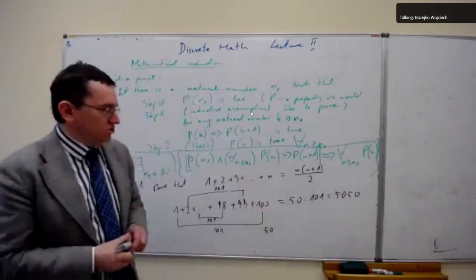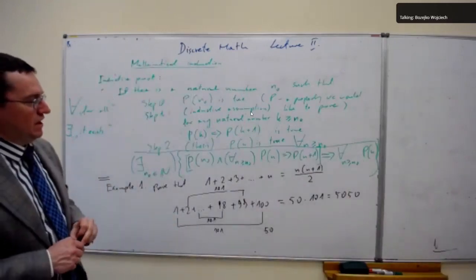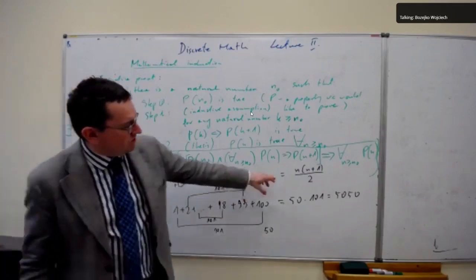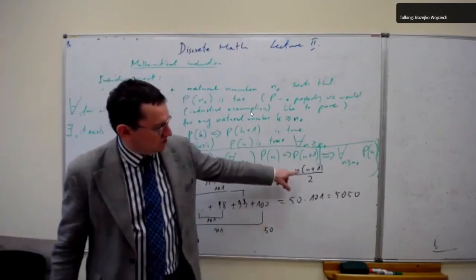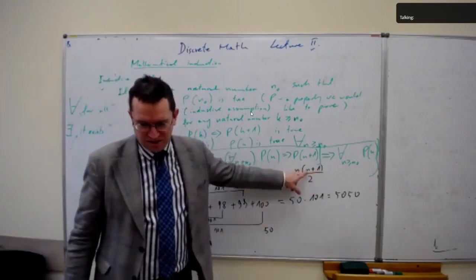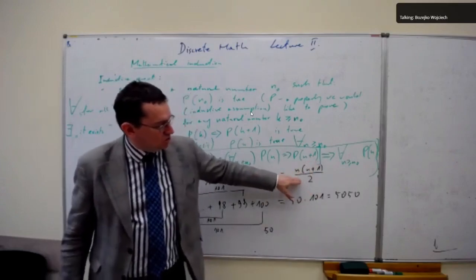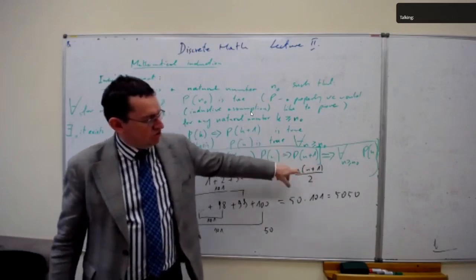But of course, this is not an inductive proof. This is just a trick. But it is very easy to see that this is n divided by 2 times the sum of the first and the last element. You can easily see that this will always be a natural number, because if this is even, this is odd, and if this is odd, this is even.